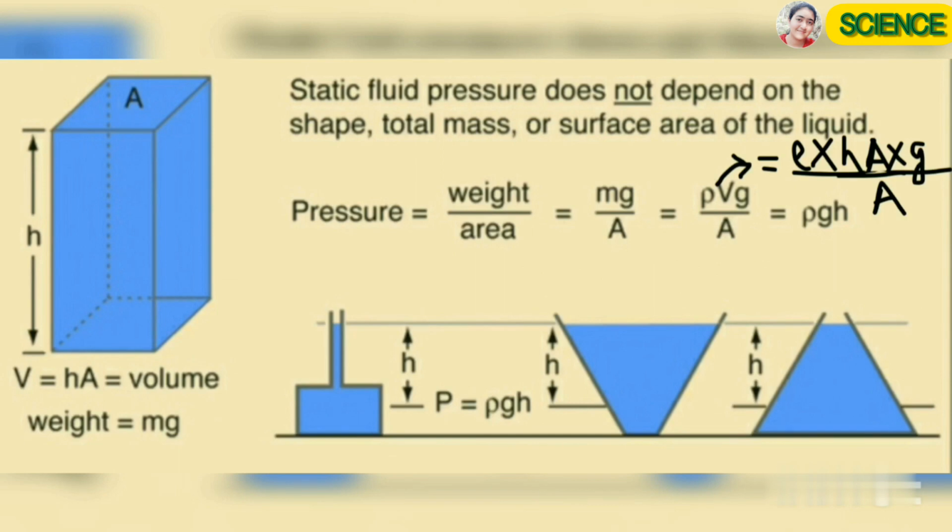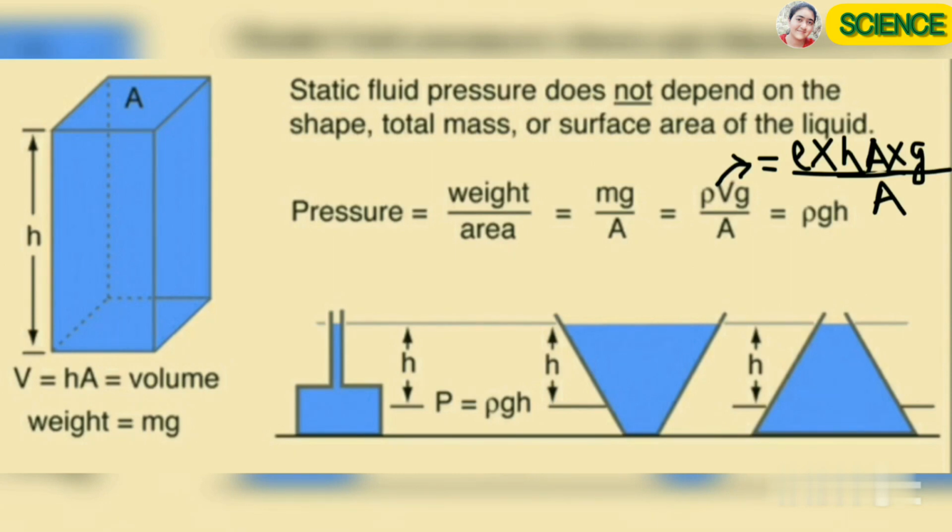Now thrust is weight, and weight equals mass into gravitational acceleration, so it is written here m into g. M is the mass of the liquid column and pressure is weight over area, so mg by A. Now we know that mass equals volume into density. We have calculated volume, that is h into A, and suppose the density is rho.